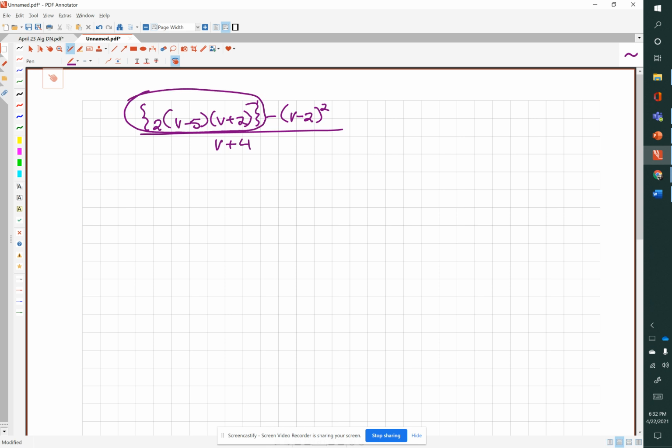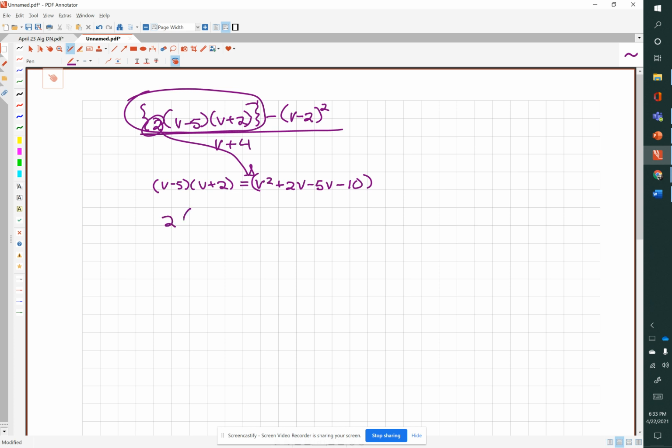the first expression. So if we take just v minus 5 and v plus 2, and we FOIL that, we're going to have v times v is v squared, 2 times v is plus 2v, negative 5 times v for the inner, and negative 5 times positive 2, negative 10. Now we have this expression, and we're going to multiply that by the 2.